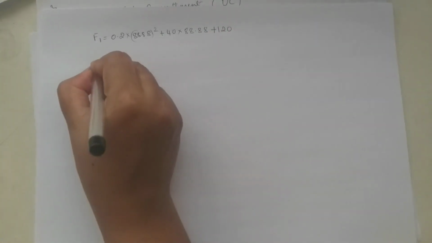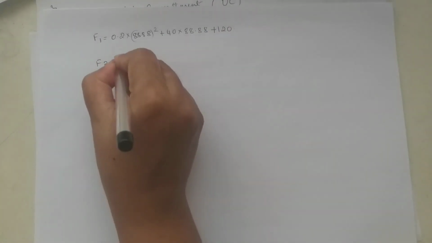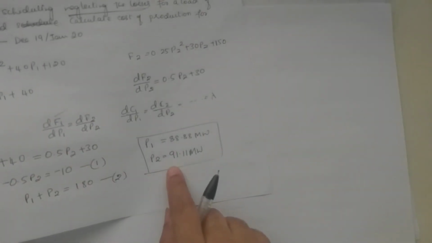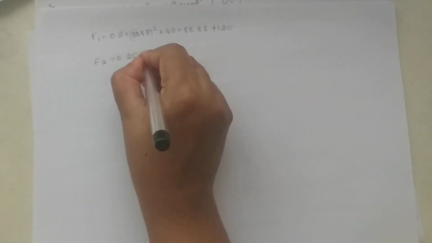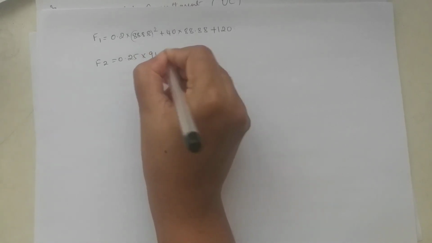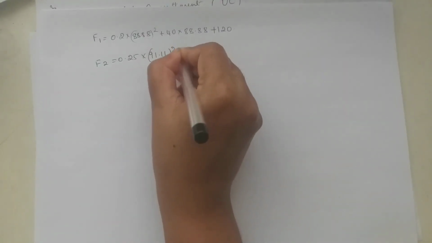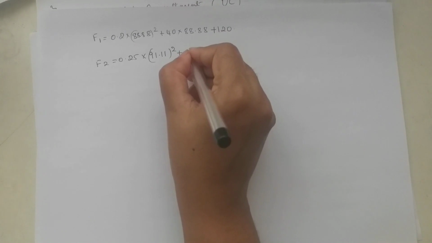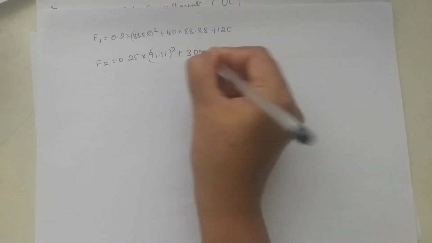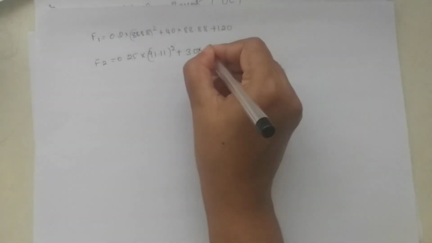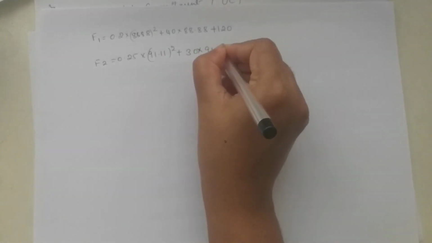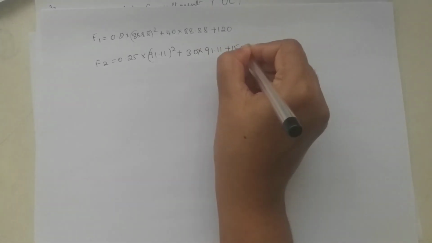And F2 is equal to 0.25 P2 square plus 30 P2 plus 150. P2 we got is 91.11. So 0.25 into 91.11 square plus 30 into 91.11 plus 150.